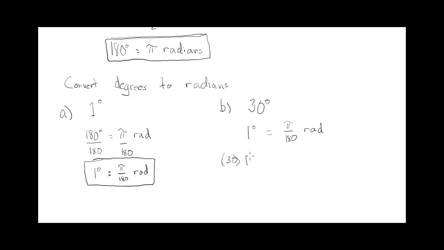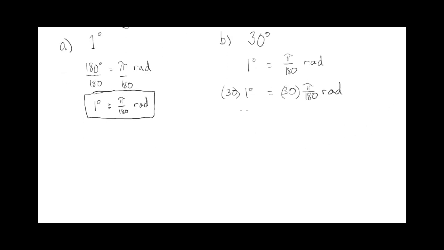So 30 times 1 degree equals 30 times pi over 180. I'm just multiplying both sides of the equation by 30, which is, of course, allowed if you're dealing with an equation. So 30 degrees equals 30 pi over 180 radians.